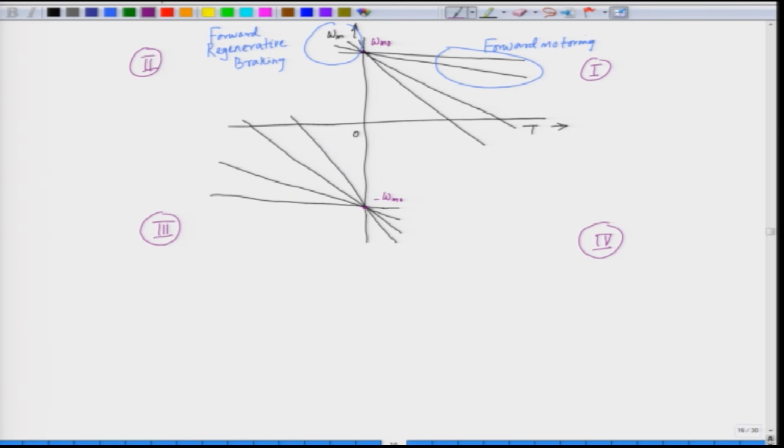Now, the third quadrant part is reverse motoring, including all of this. Now, this is reverse regenerative braking.